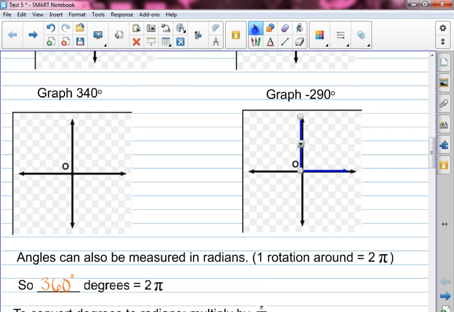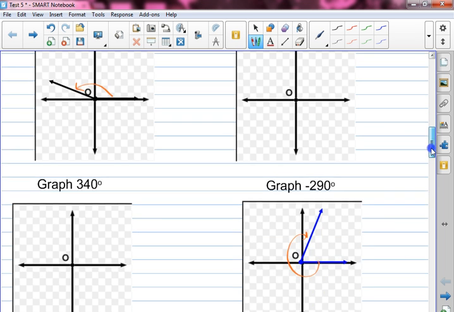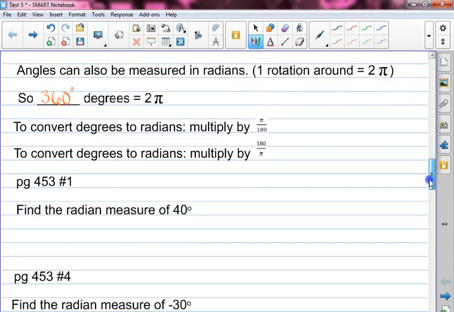Negative 270 degrees. I have 20 more degrees to go, which is about that much. Obviously, you're estimating. So, one thing that I forgot to do on the other problem, you need to draw an arrow going like this. That tells me that you went clockwise, and then over here you need to go like this. And that tells me that you went counterclockwise. So that way I know what angle you did.